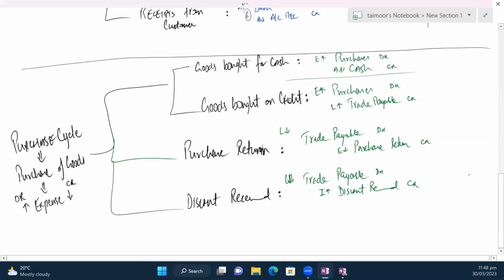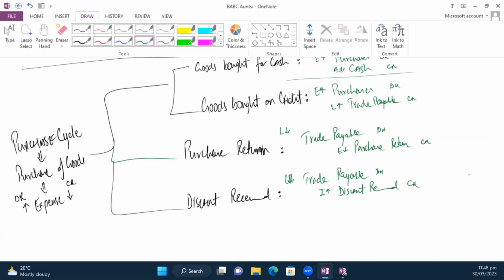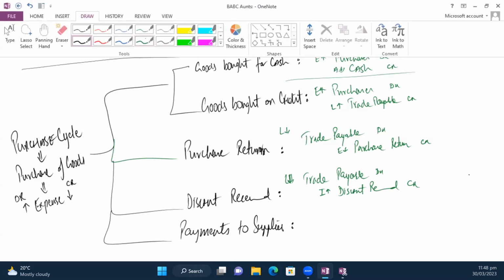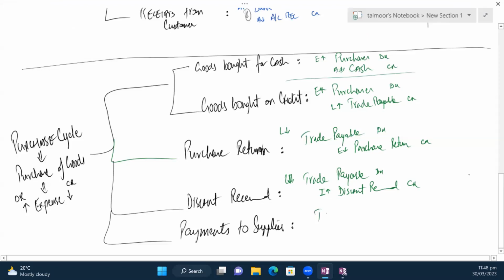Okay. And finally, payments to supplier. Okay, ji. Payments to supplier, again, trade payable debit, bank credit.